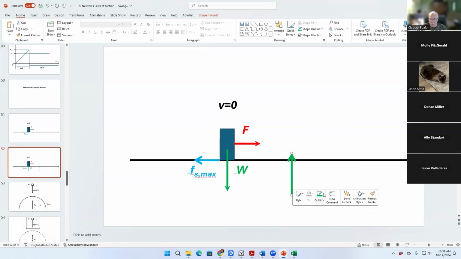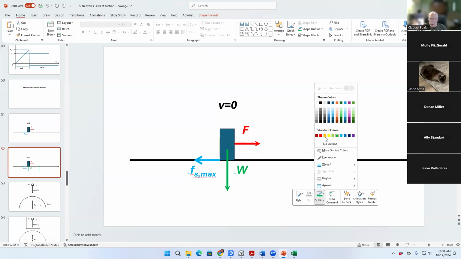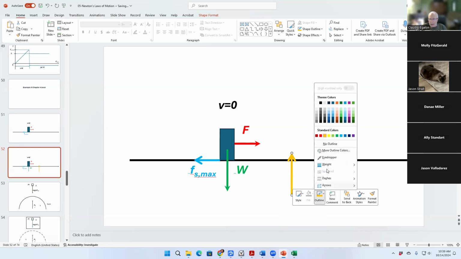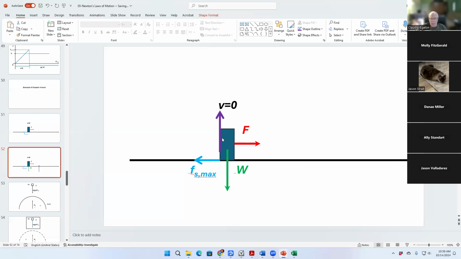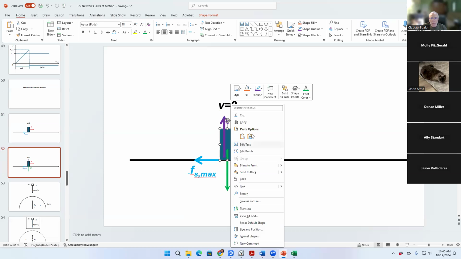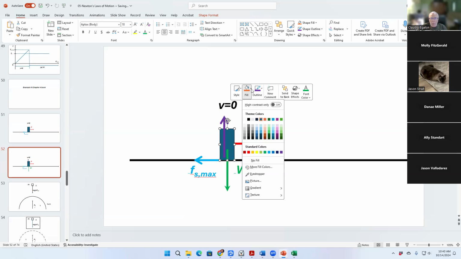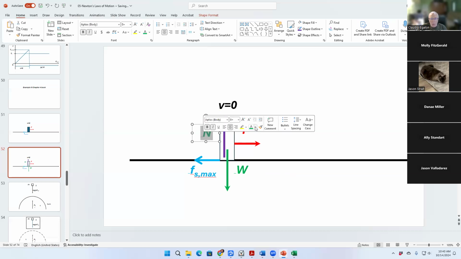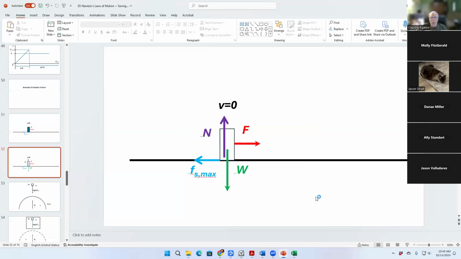I'm going to put it in a different color as well. Let's see, what about this color? Good. Now let's put this one here. It's better. And normal.